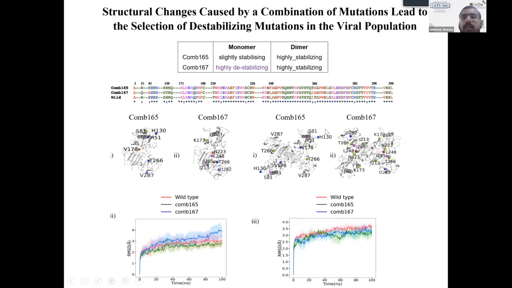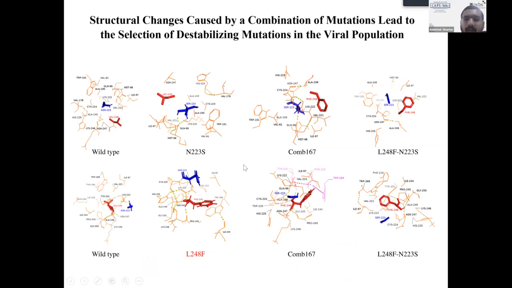So this again suggests that dimerization is conferring some advantage or creating some space by which the destabilizing effect of combination 167 in the monomer is stabilized. We probed it further and found that within this environment, dimerization creates additional interactions which stabilize this mutation combination, as compared to the monomer state.